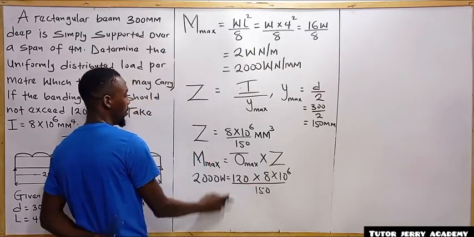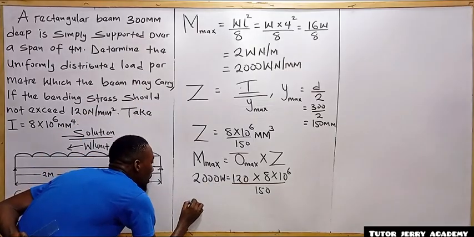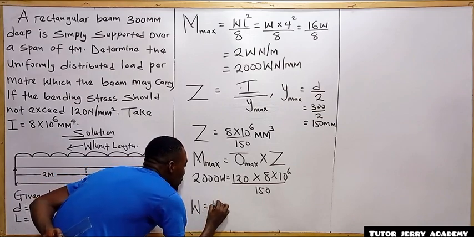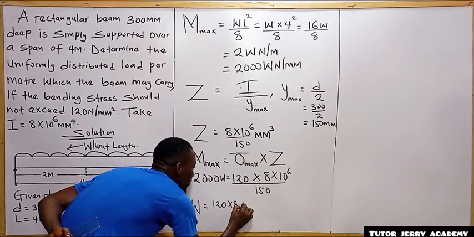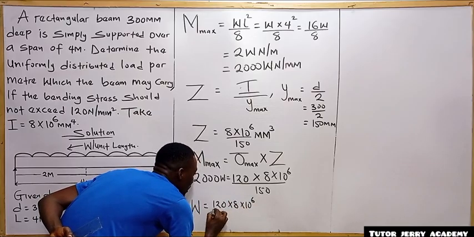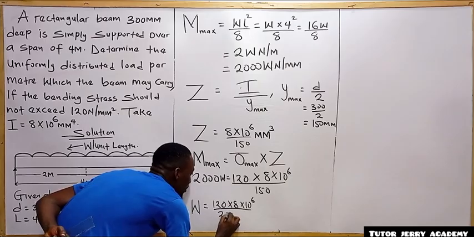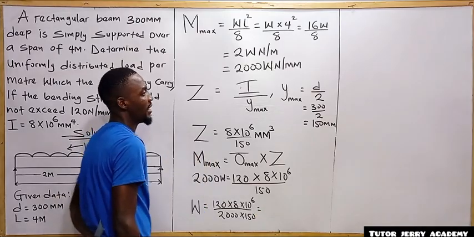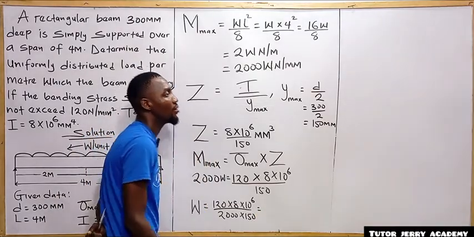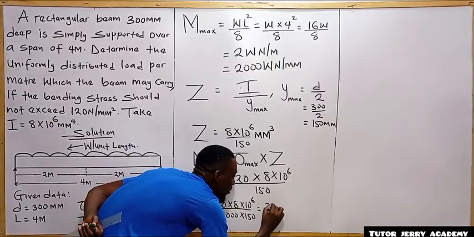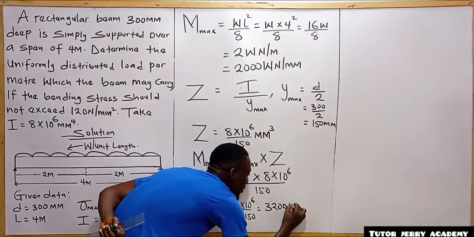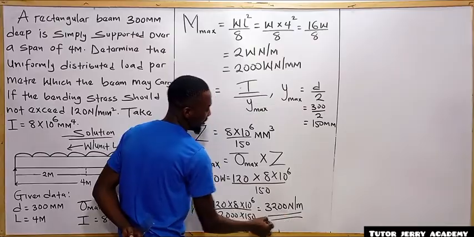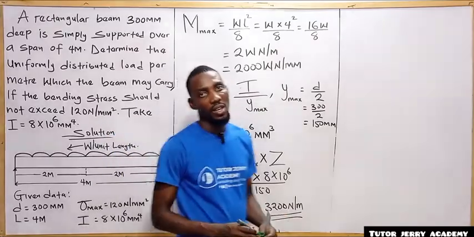All right, so if you make W the subject, our W will be equal to 120 multiplied by 8 multiplied by 10 to the power of 6 divided by 2000 multiplied by 150. So our final answer here is going to give us what? 3,200 Newton per meter. So this is going to be the solution to this question.